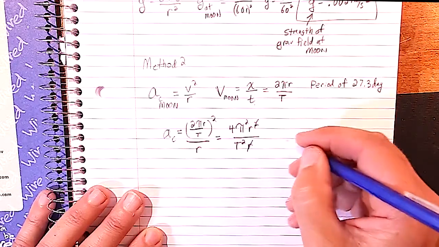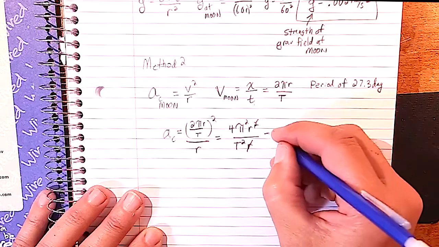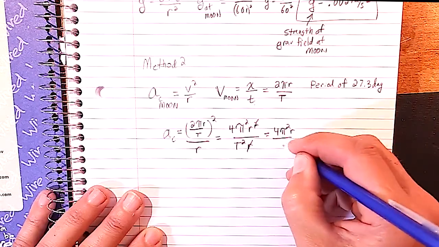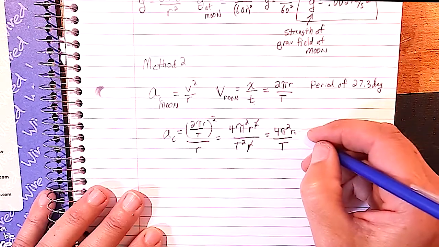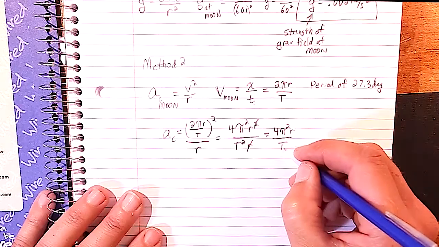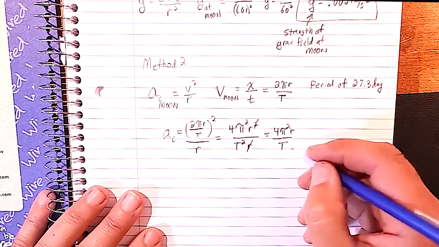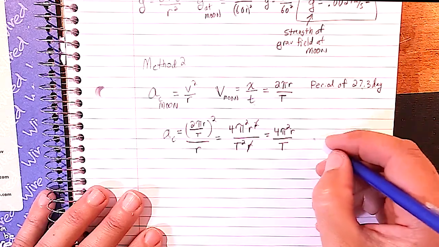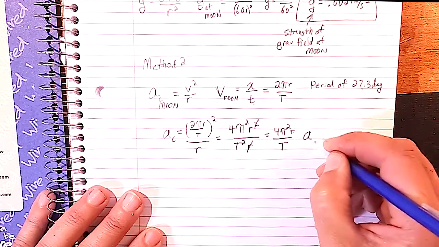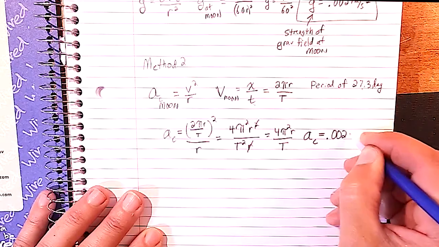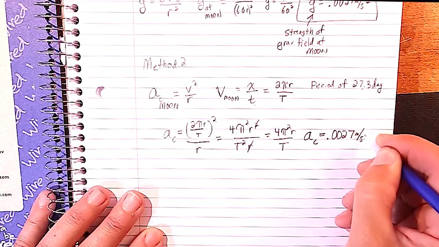One of our r's will cancel, and we're left with 4 pi squared r over T squared. Now, we know the distance, 60 Earth radii, and we know the time, that's a month, which is 27.3 days, or 2.36 times 10 to the 6 seconds. So what we've shown is that the centripetal acceleration is 0.0027 meters per second squared.